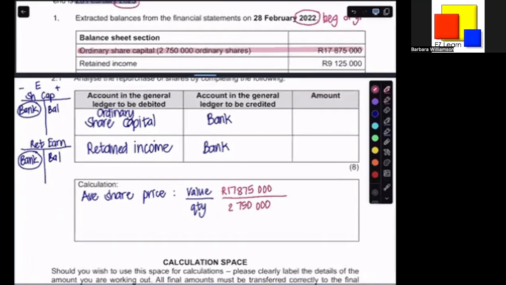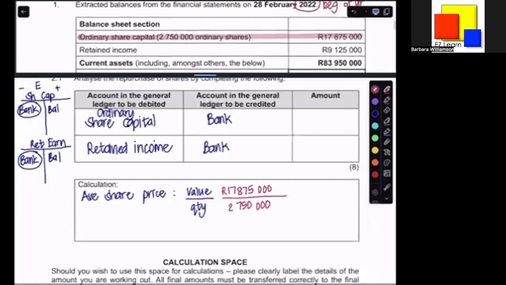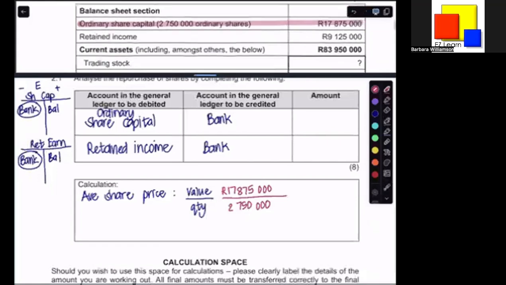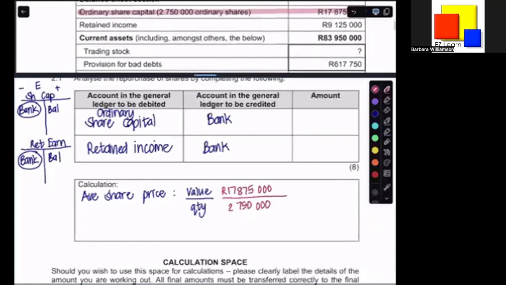The beginning of the year retained income balance is given. At this stage, we don't really see why we need that, so I'm not going to worry about it. We can always come back to it later if necessary. The current assets figures given, including trading stock and provision for bad debts.